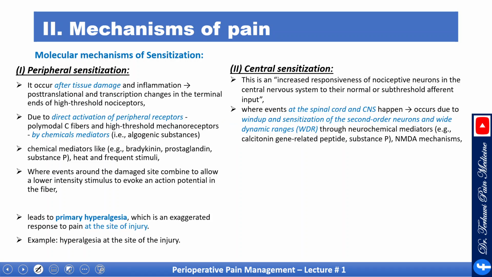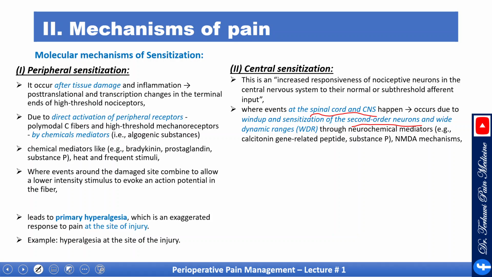Here the changes are even at the spinal cord and CNS, which is why it is called central sensitization. It occurs due to wind-up, remember the wind-up phenomenon, and sensitization of the second order neuron and wide dynamic range neurons.